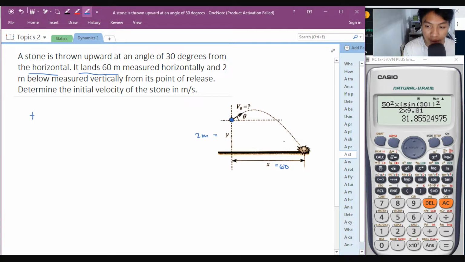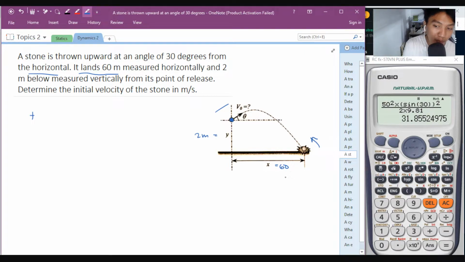Positive if it is launched from here; negative if it is launched above the surface.